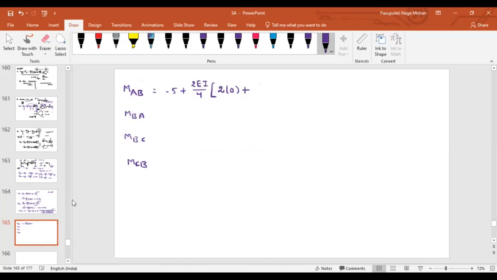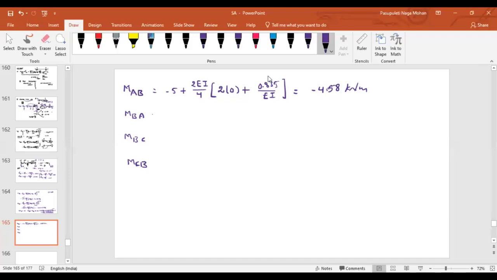So plus 0.835 by EI. There is no need of considering delta as it is equal to 0. So quickly tell me how much you are getting. Guys, calculation part you guys have to do it. If you are not interested, then I will tell you: minus 4.58.